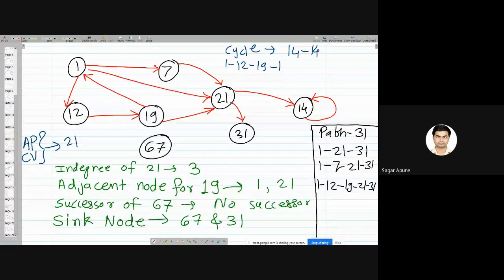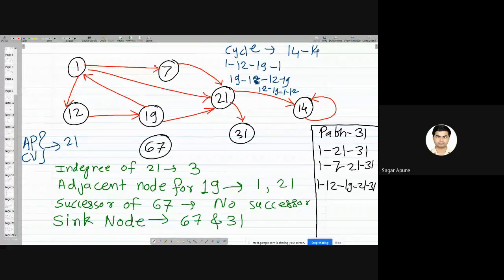Because we can reach 19 from 19 by visiting 19 to 1, 1 to 12, and 12 to 19. Again for 12, we can represent it as 12-19-1-12. Right? All nodes form one cycle. Okay, so skip this.